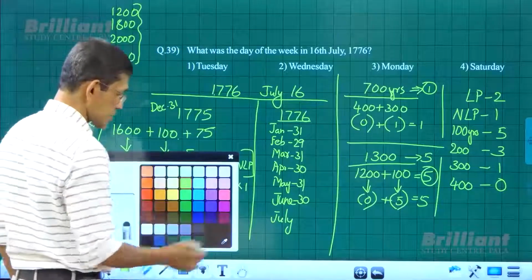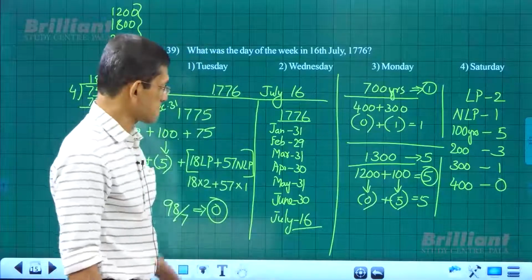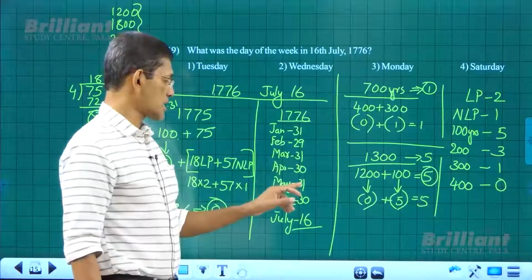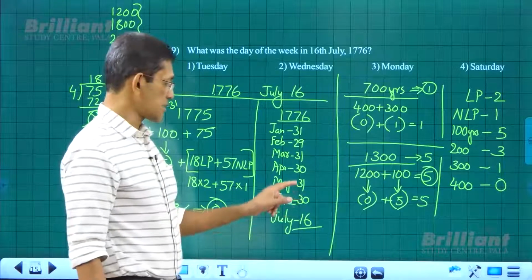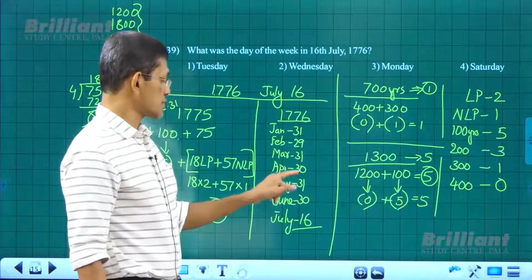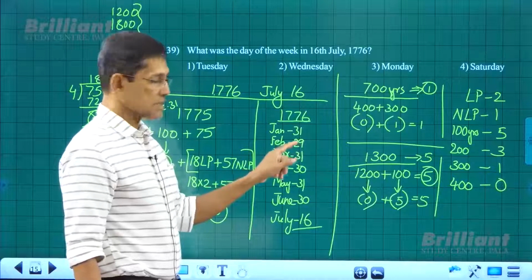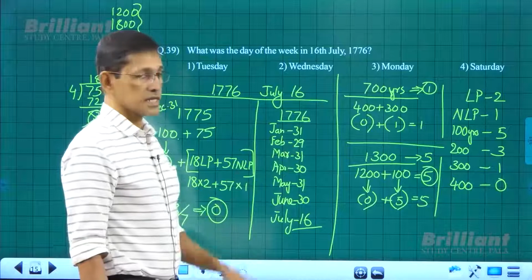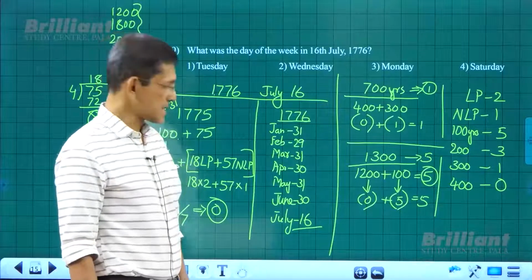So let's do it. July, 16. When you add it, we have 29, 31, 30, 31, 30. So take the 30s: we take 30 from here, 1, 2, 3, 4, and you put 1 right here, make it 30 as well. So 1, 2, 3, 4, 5, 6 thirties. 6 into 30 is 180.